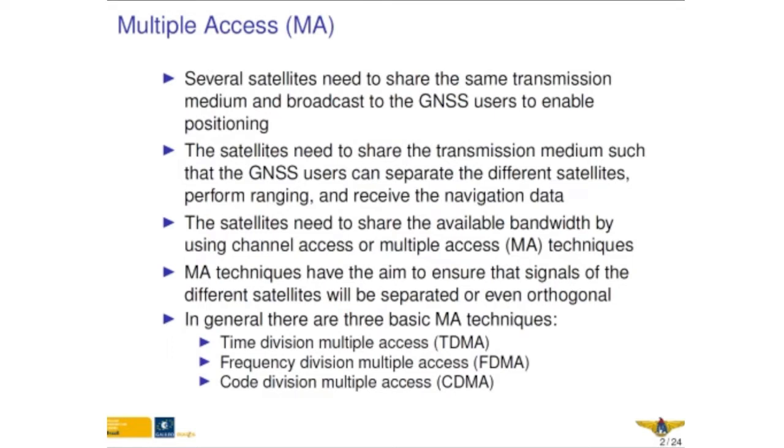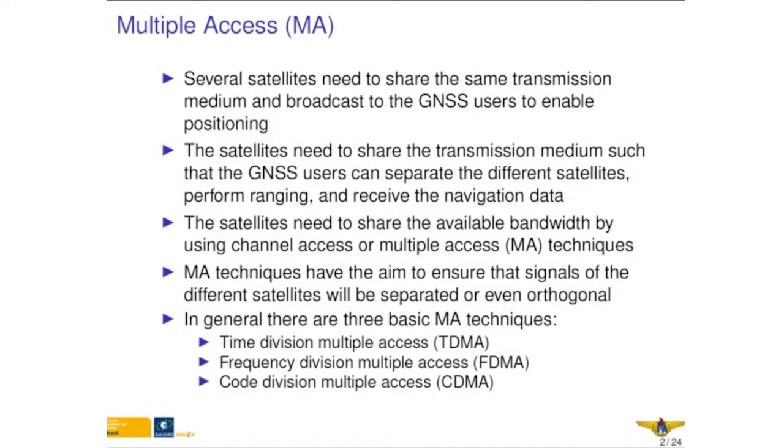The satellites need to share the available bandwidth by using channel access or multiple access (MA) techniques. MA techniques have the aim to ensure that the signals of the different satellites will be separated or even orthogonal. In our case, the schemes will not be orthogonal for GNSS because the system is asynchronous.